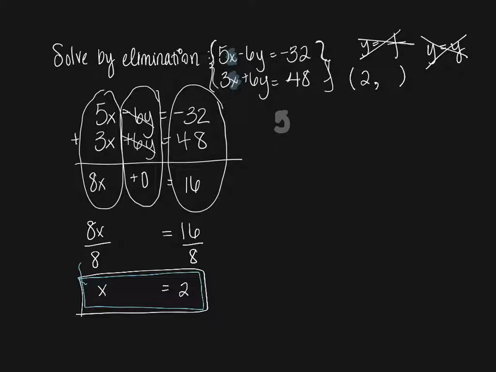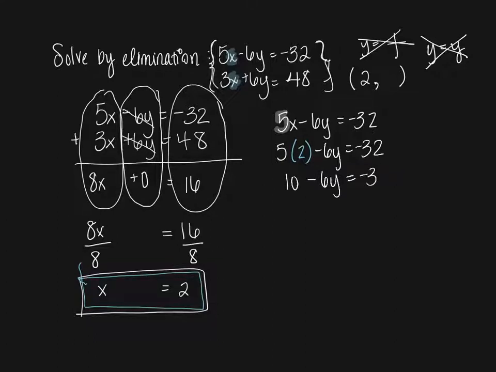5x minus 6y equals negative 32. Plug it in for x. X is 2. Okay, and what you end up with is 10 minus 6y equals negative 32. Okay, what do I need to do next?